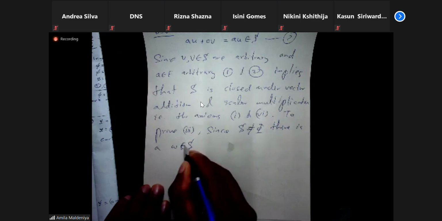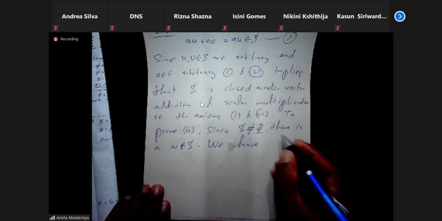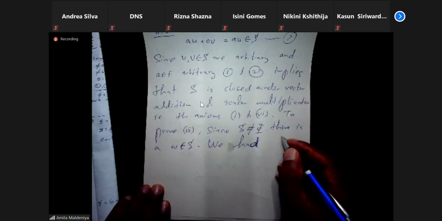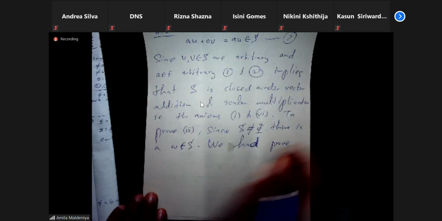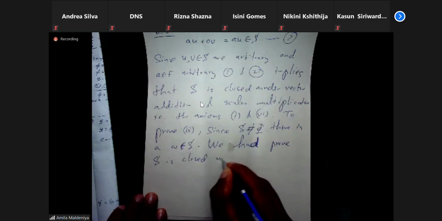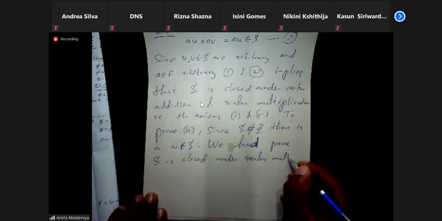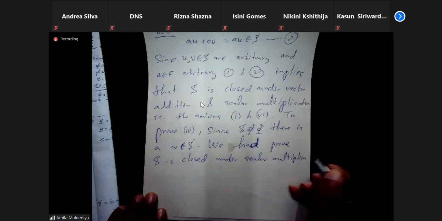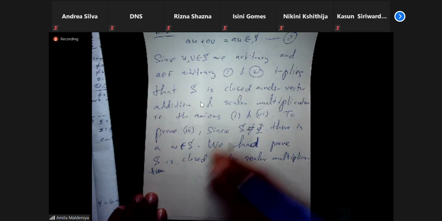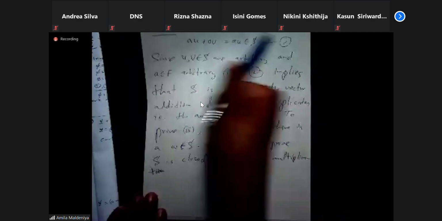Suppose that element is W. We had proved a moment ago that S is closed under scalar multiplication, from 2.